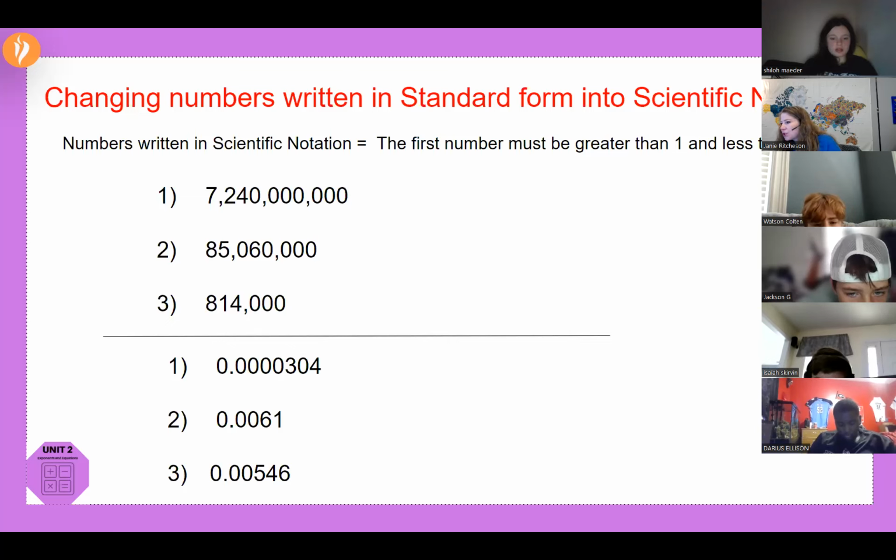Guys, what kind of exponents should we all have? What kind of exponent? Not positive. Negative.